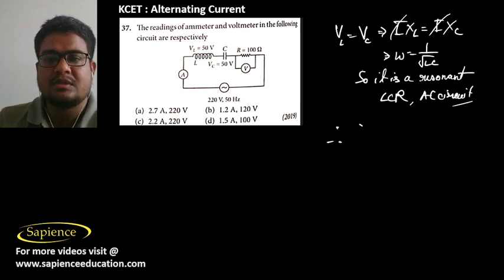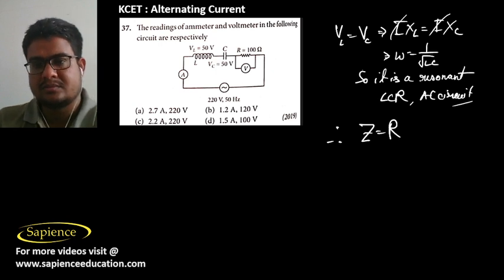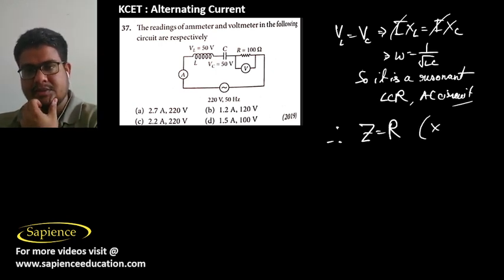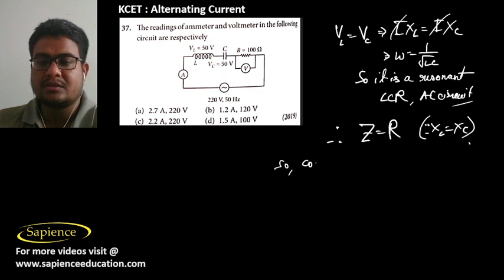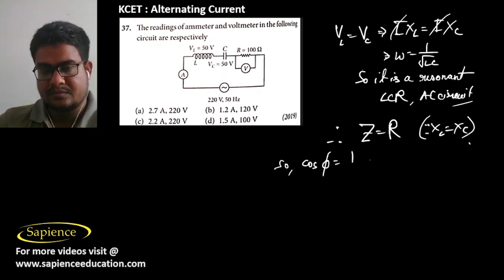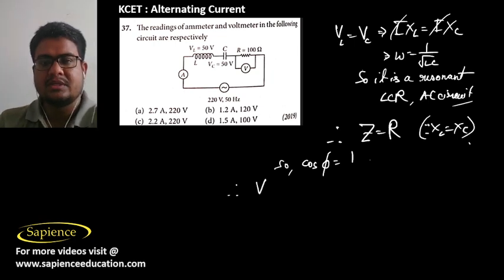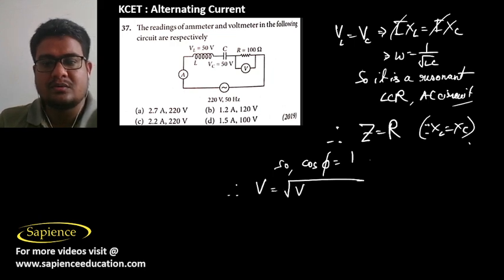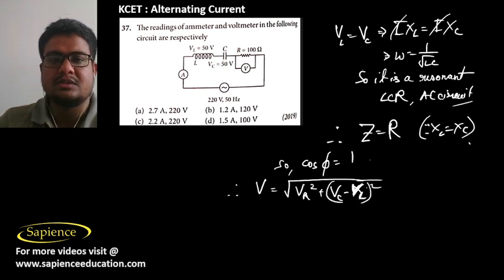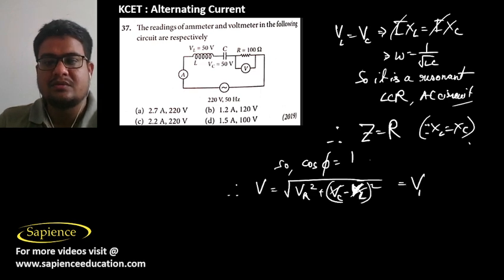So therefore Z is equal to R, since XL equals XC. Therefore the power factor is 1. Voltage V is equal to square root of VR square plus VL minus VC whole square, and since VC equals VL, V equals VR.